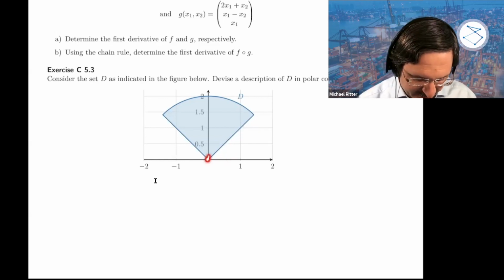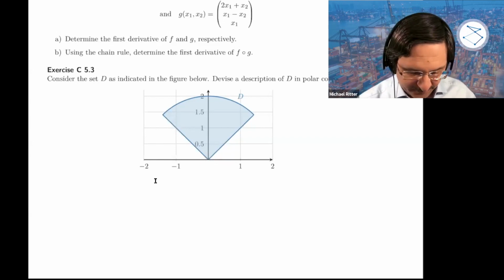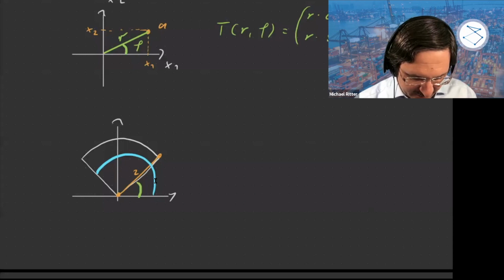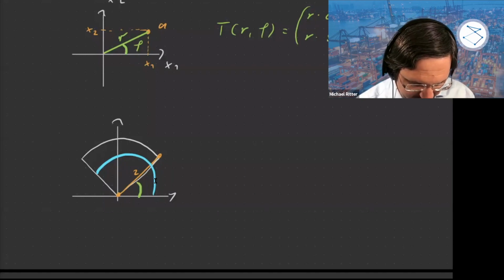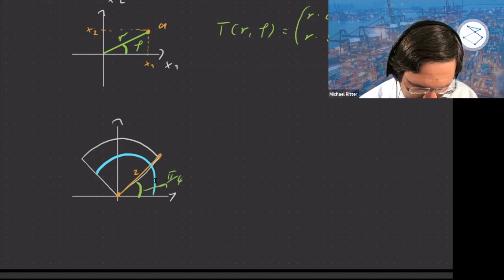And same thing here, the line passes through these 2 points, so that's an angle of 3 pi over 4. So this is pi over 4, and this blue one is 3 pi over 4.